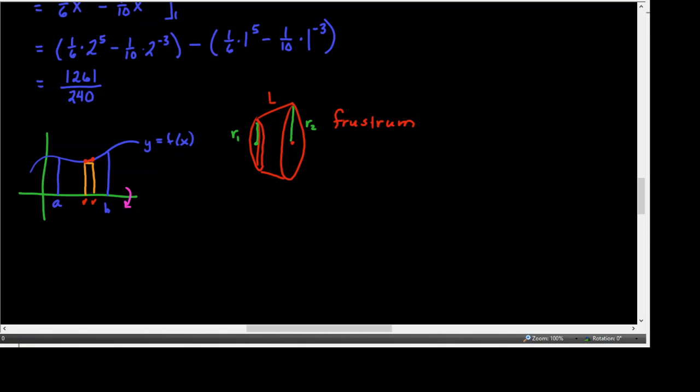And this formula is S equals 2 pi r. That should sound familiar because that's the circumference, right? And so it's that circumference of a circle multiplied by L. And the r that's in that formula is the average of the two radii of the frustum.